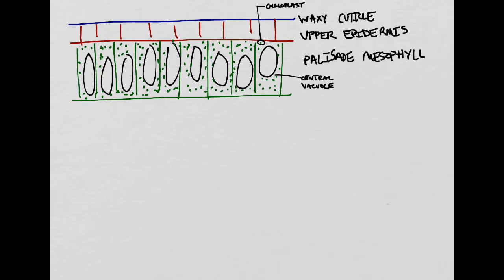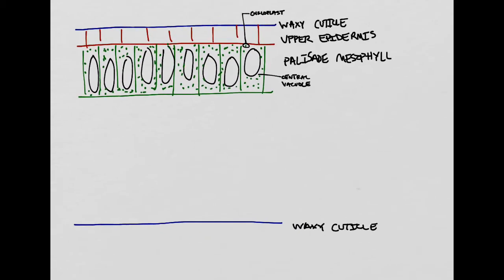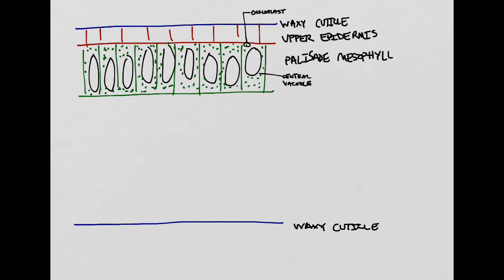Okay, and now I'm going to take a second and jump down to the bottom of the leaf right here, in which you can see there is another waxy cuticle. Again, I don't think I mentioned this before, but the reason for the waxy cuticle is that it's protective of the cell, and it also prevents the cell from becoming dehydrated, from losing water.